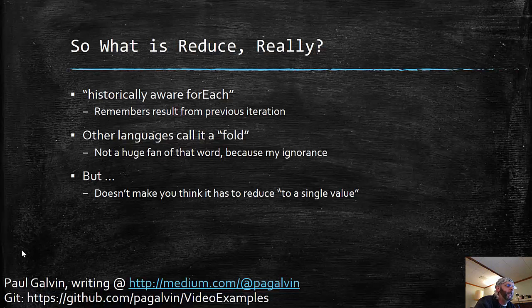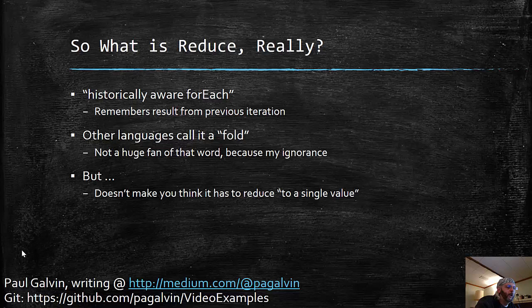So what is reduce really? The way I think of it is as a historically aware for each. Basically it's iterating over each item in your collection, and it's doing some math or doing some logic. It doesn't really matter, math or otherwise. And then it's passing that result, whatever result you want, on to the next iteration.